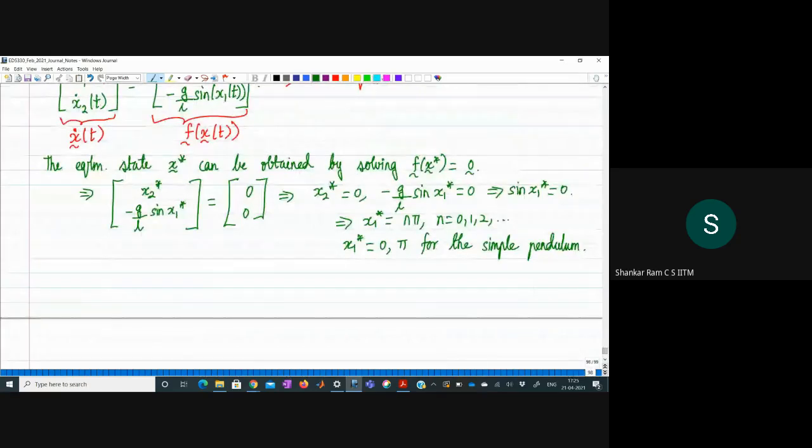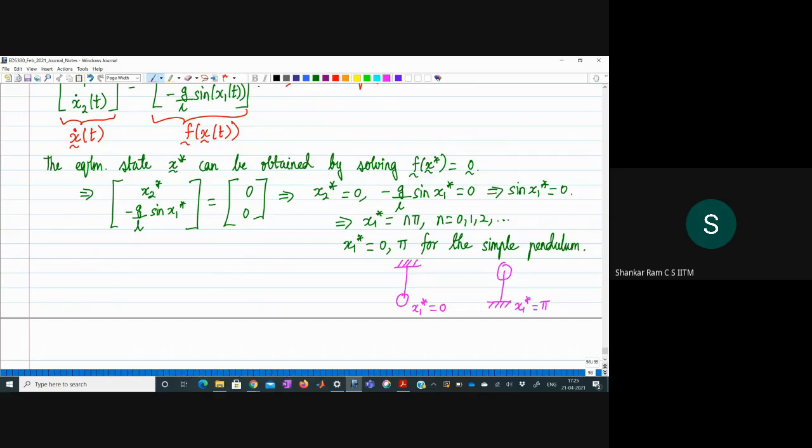So if I have to illustrate this, n equals 0 will correspond to the vertically downward position, where theta star is 0. So this is where x1 star is equal to 0. Vertically upward position is a case where the pendulum is like this, x1 star is equal to pi, 180 degrees.